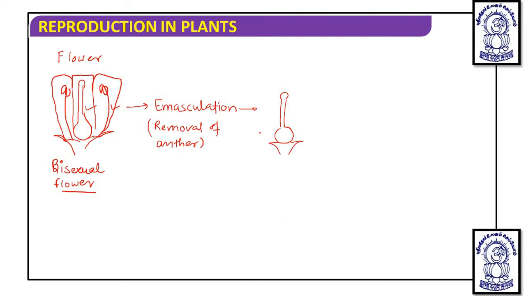Now what we will do is bag it. We will cover it with a bag. Why is there a need to cover it with a bag of butter paper?